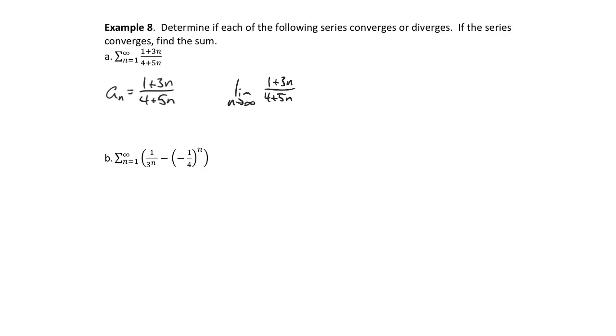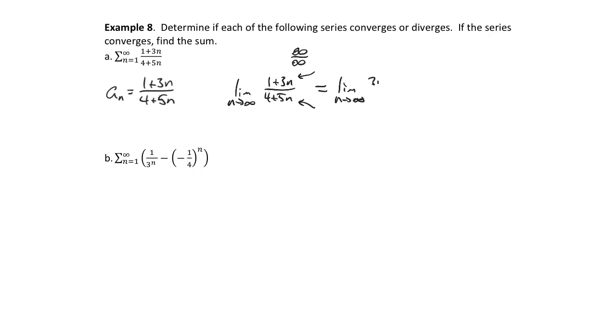In the video on sequences, I gave a shortcut, an easier way to do this. This is what we would call an infinity over infinity indeterminate form. The numerator is approaching infinity as n goes to infinity, as is the denominator. What I suggested in those circumstances is to take the term that has the highest power of n in it, assuming that we're dealing with a rational function, a polynomial divided by a polynomial, and only keep that term.